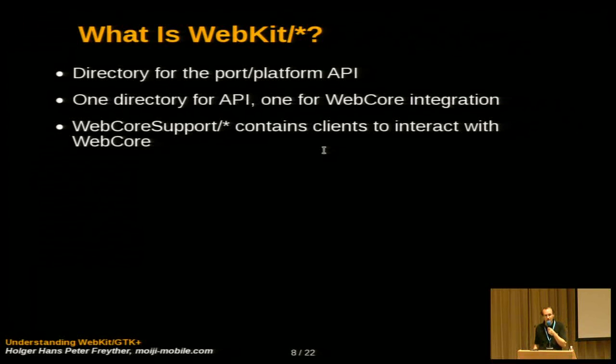And the way we achieve this kind of integration is by having a platform-specific API, which can provide a stable interface to the GTK world, but uses internal types inside the implementation.